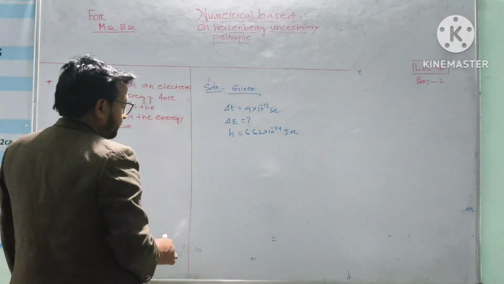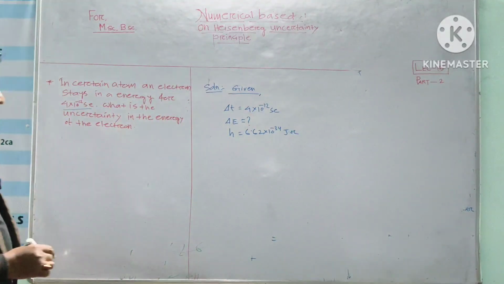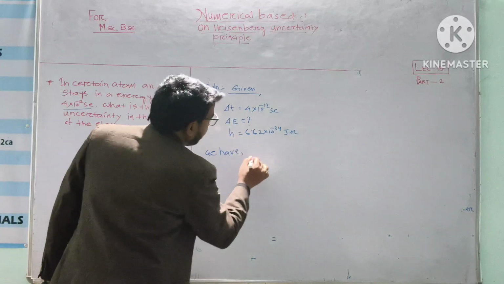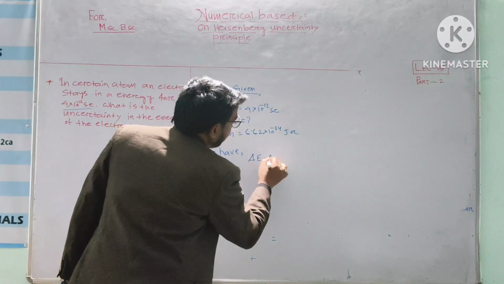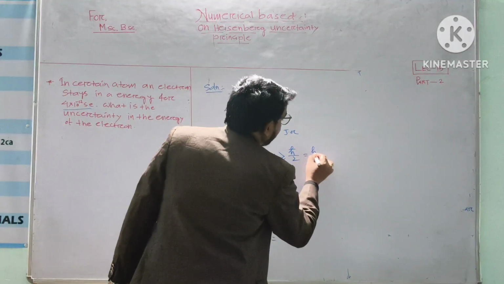By using the Heisenberg uncertainty principle in terms of energy and time, delta E into delta T is greater than or equal to h bar, which is h by 4 pi.